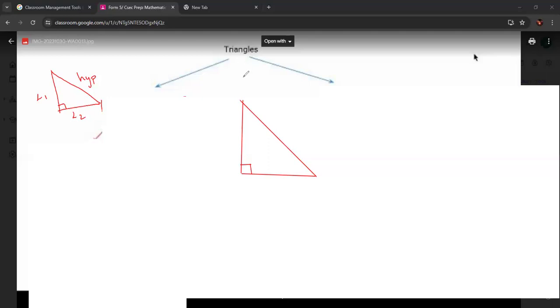This one is 10. And this side is 7. And they asked you to find the missing side. So I'm trying to find this side.